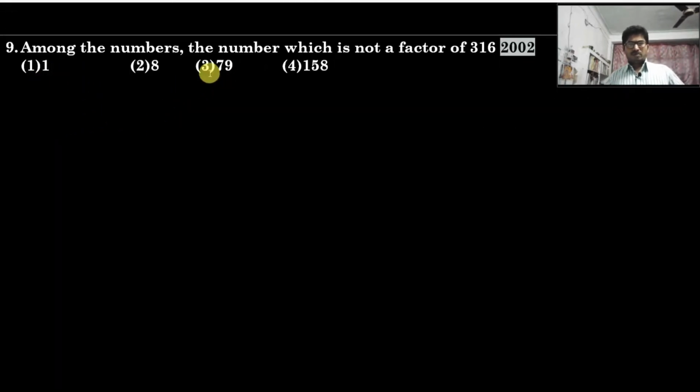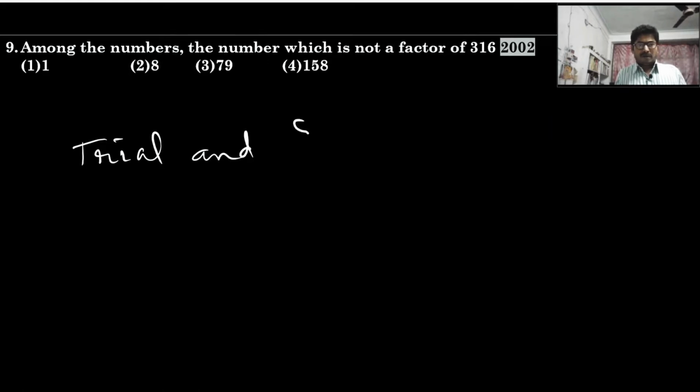Ninth question, among the numbers, the number which is not a factor of 316. We can attempt this question by trial and error method. You know, children, trial and error method.